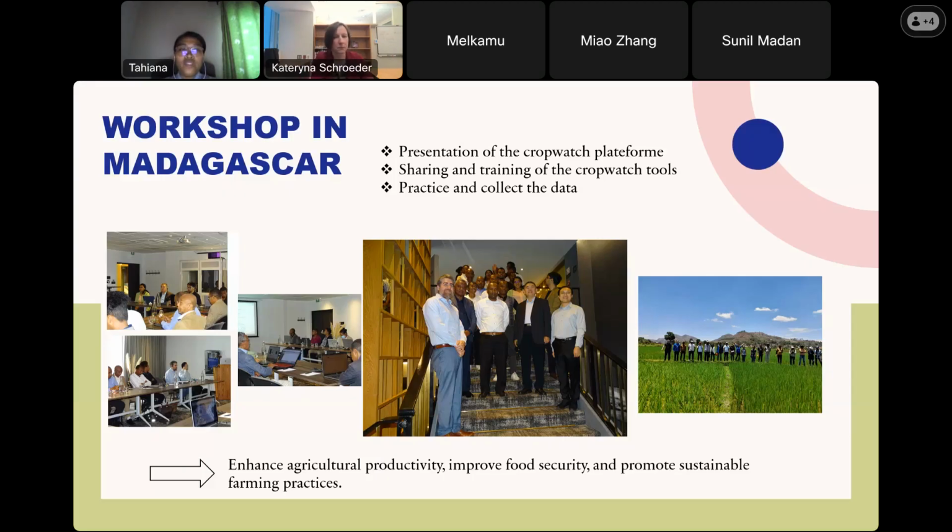And it's an opportunity for Madagascar participants to have the CropWatch expertise on using remote sensing data.